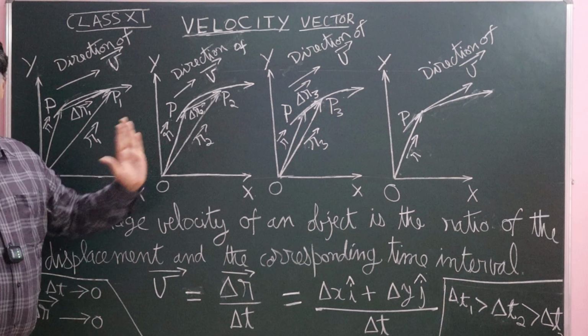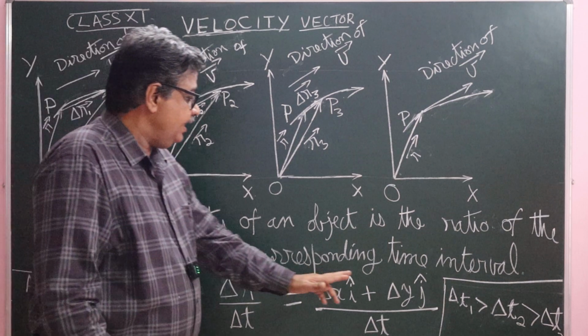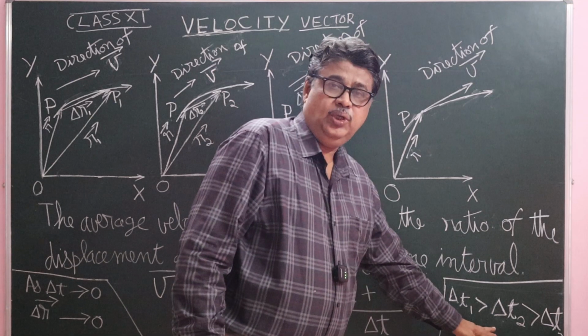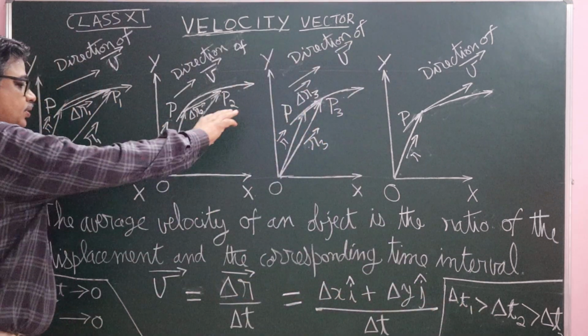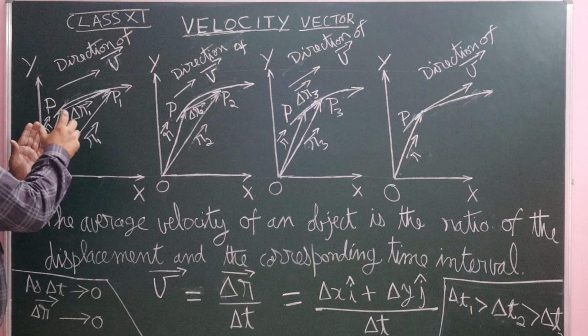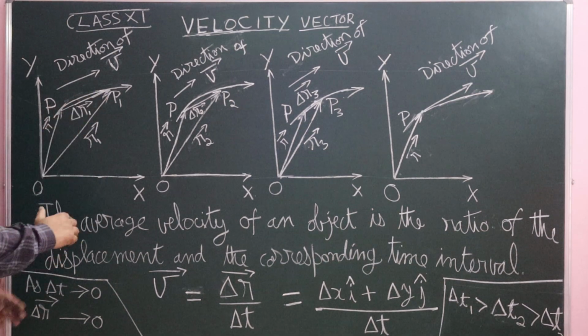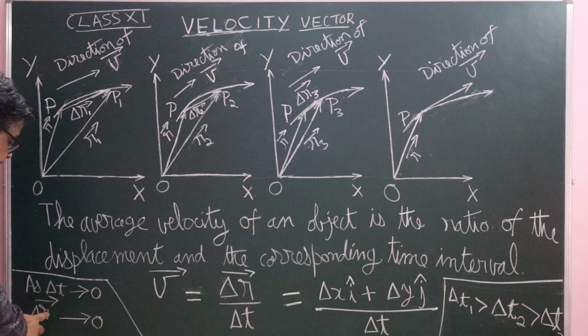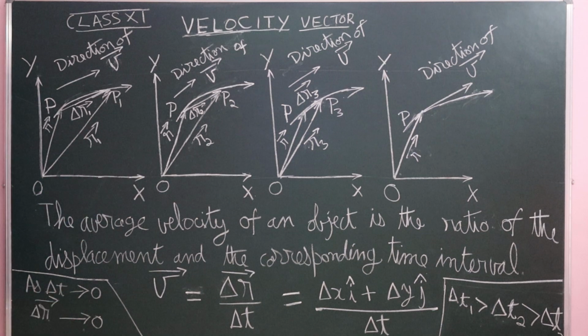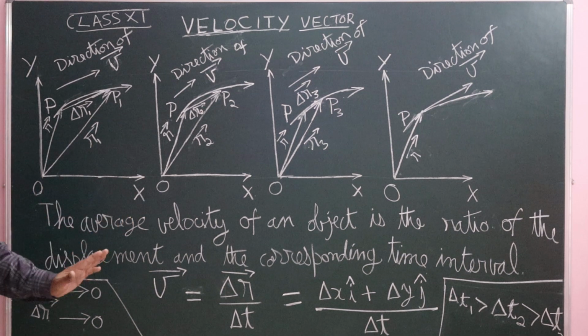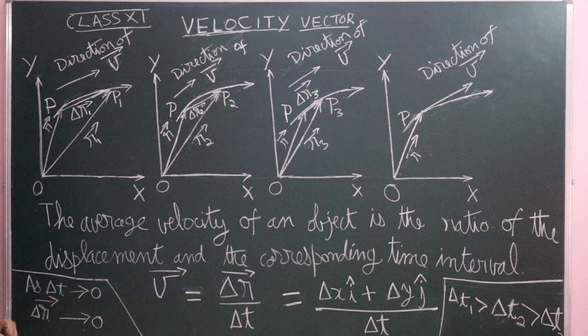Therefore, in all these three, as del T approaches 0, that is, the time taken by the object to move from one point to another point approaches 0, the del R vector also approaches 0. That is, the displacement vector will also become 0.